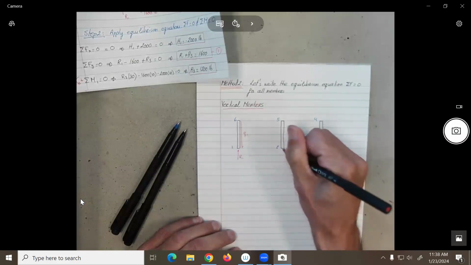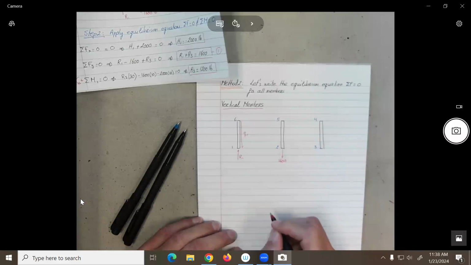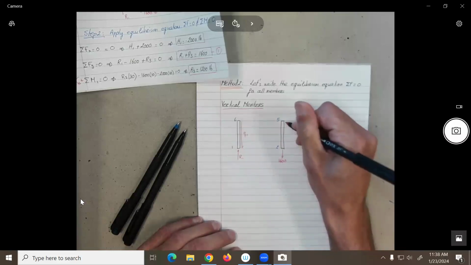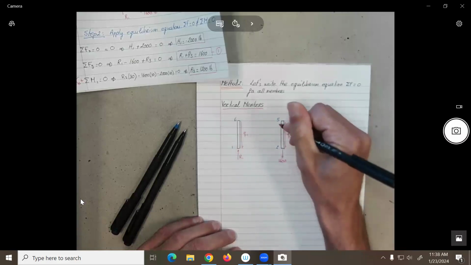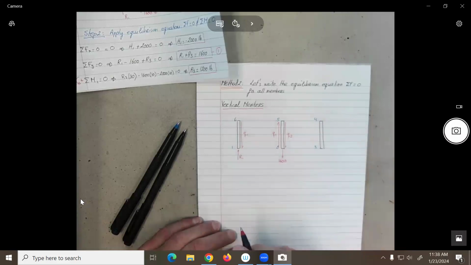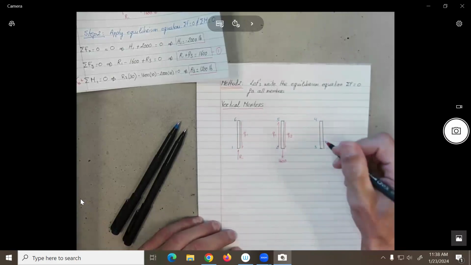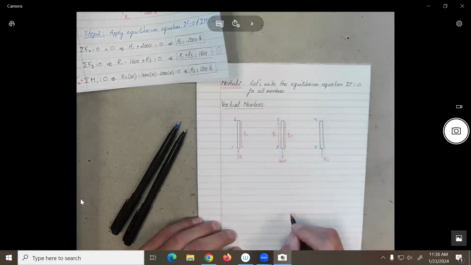Then the second member, we have over here the force of 1600. Here you will have Q2. Here you will have Q1. For 3 4, you will have here R3.